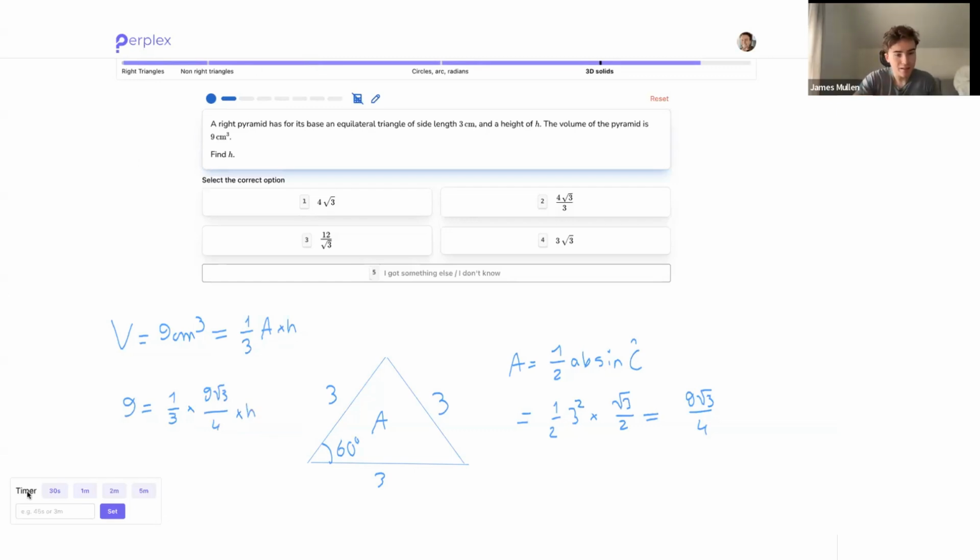If I isolate h, I divide both sides by 9 first, so that makes it easier. Then I multiply both sides by 3 and by 4, so that gives me 12 over root 3 is equal to h. And if I rationalize that, that gives me 12 root 3 over 3 for h, which is the same as 4 root 3. And that is my answer.